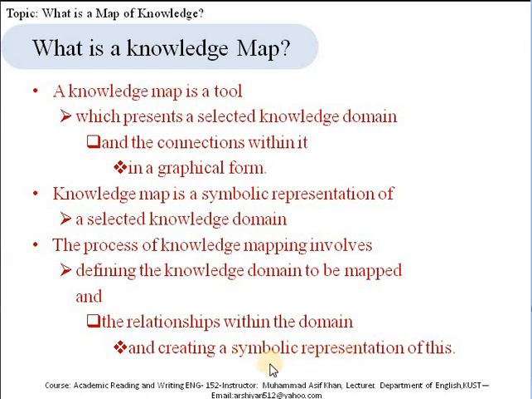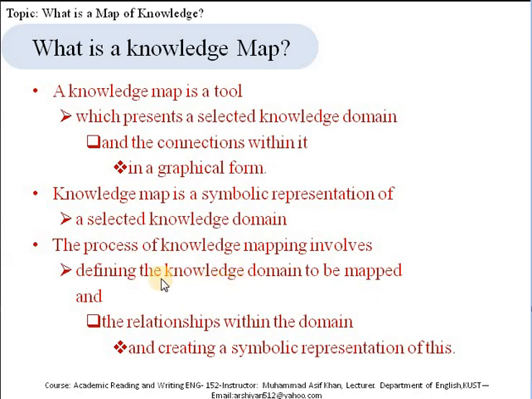So students, the process of knowledge mapping is defining the knowledge domain, and we do all these things in a symbolic way, creating a symbolic representation of the relationships within that domain of knowledge. So this is the process of knowledge mapping.